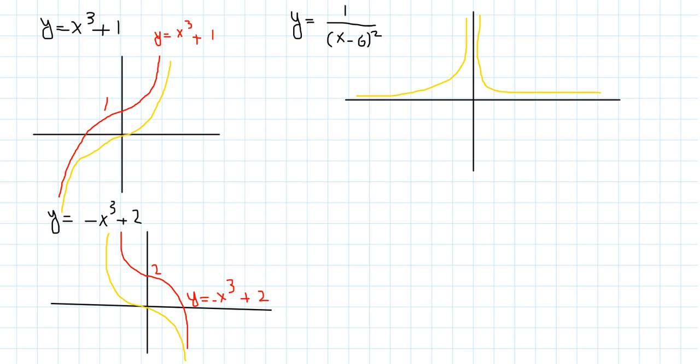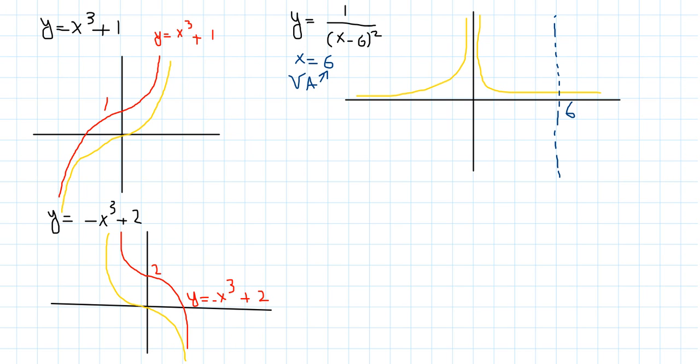Now I have a problem here, and the problem is the denominator should not be equal to 0. By x equals 6, it would be equal to 0. So it is my vertical asymptote. So I find x equals 6. Suppose that it is here. x equals 6. And I don't have any number for y, so I don't have a horizontal asymptote here.